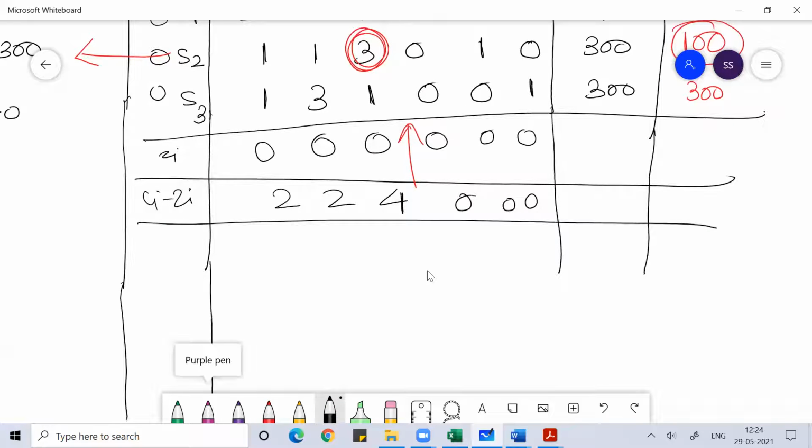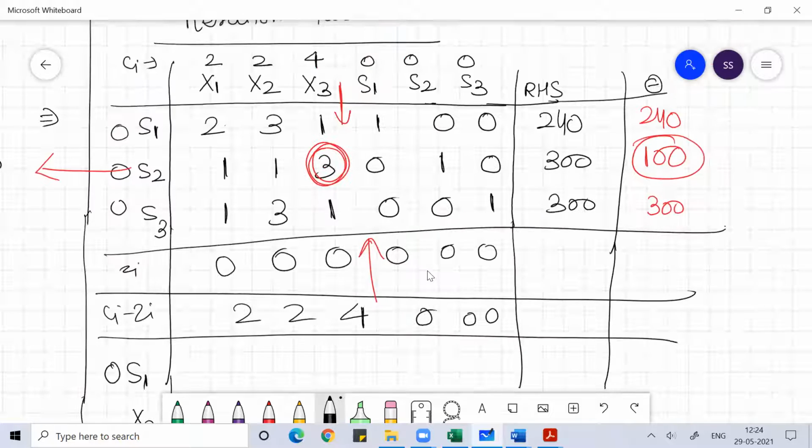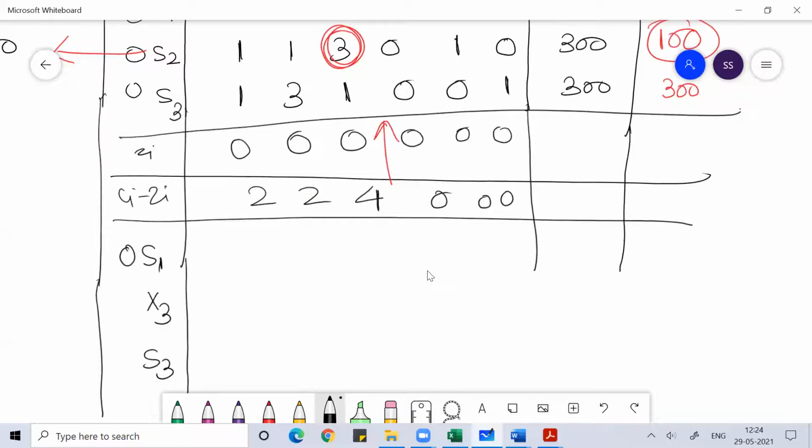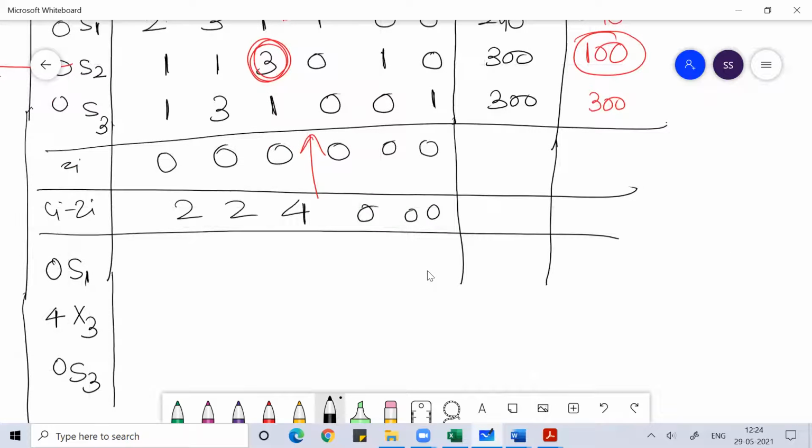This is S1, this is X3, this is S3. The coefficient of X3 is 4, so 0, 4, 0. The pivot element was 3, so divide all the elements by 3. This is 1 by 3, 1 by 3, 1, then 0, 1 by 3, and 0. And then this is 100.